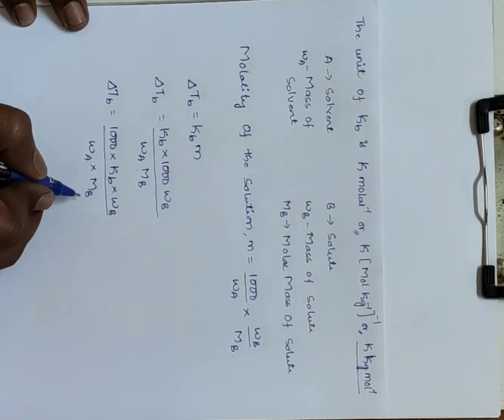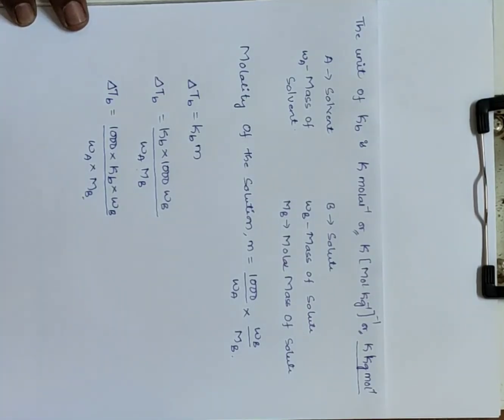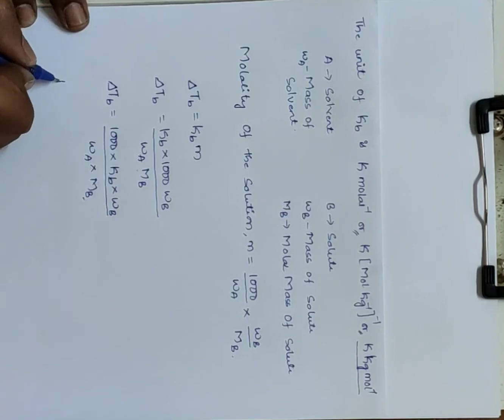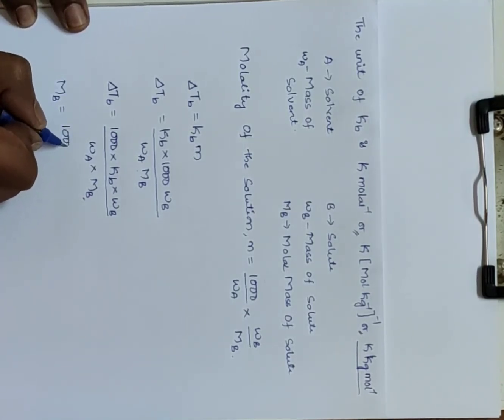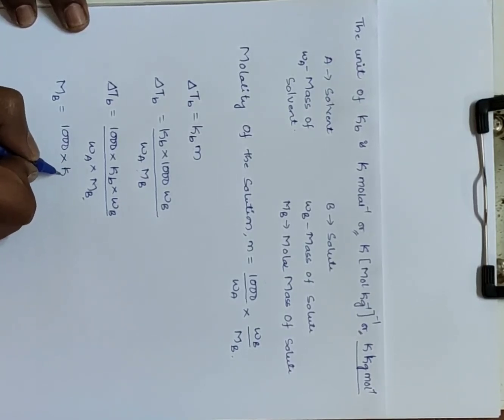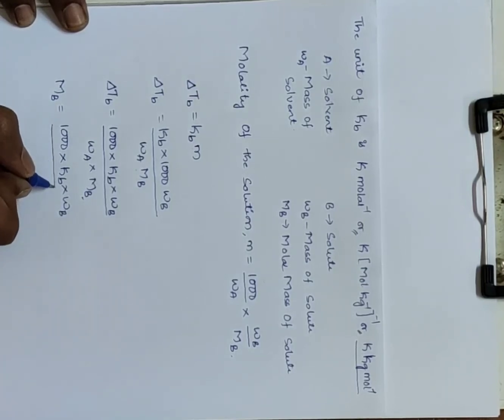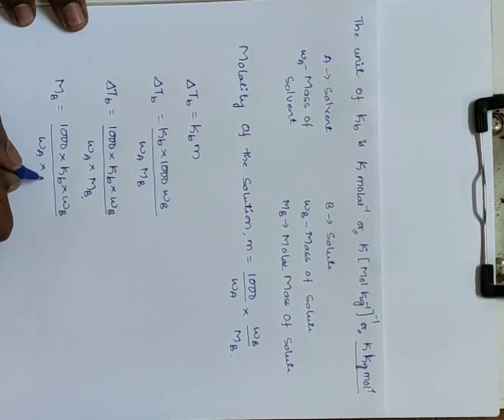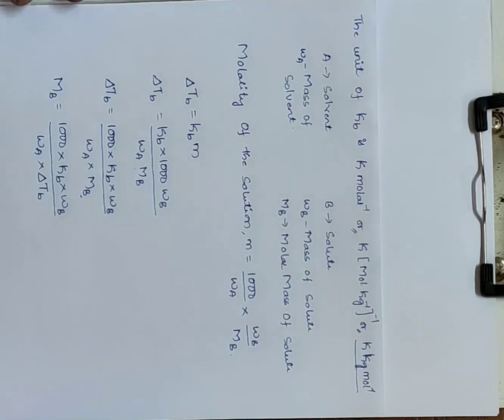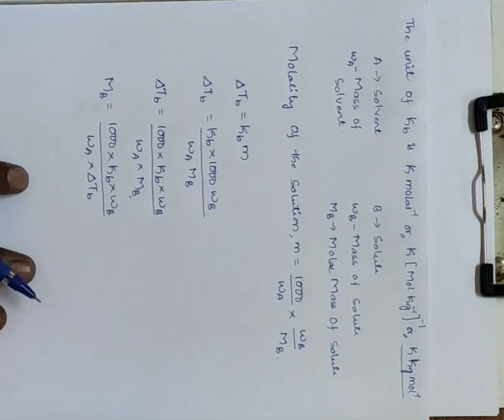Now if I want to determine the molar mass of solute, then MB is equal to 1000 into Kb into WB whole divided by WA into delta TB. So from this equation we can determine the molar mass of solute.